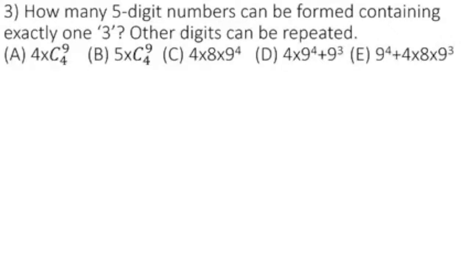What are the possibilities of placing 3? If I consider 3 in the first place, I have 4 places left out. Similarly, if I consider 3 in the second place, I again have 3 places and the first place left out. So I am writing all the possibilities of occupying places by 3 here.